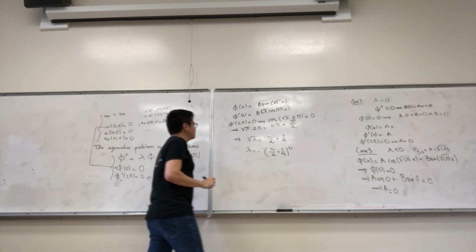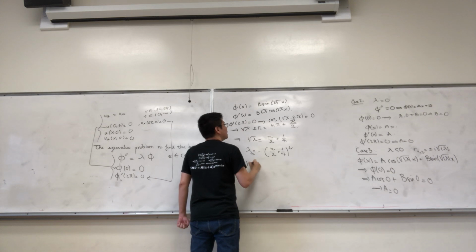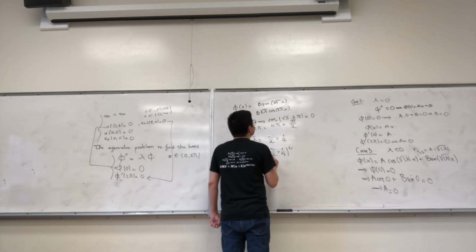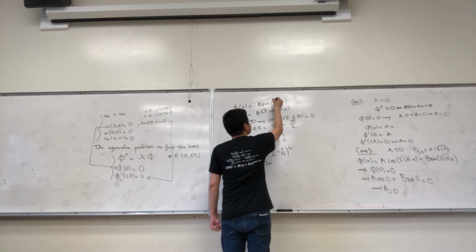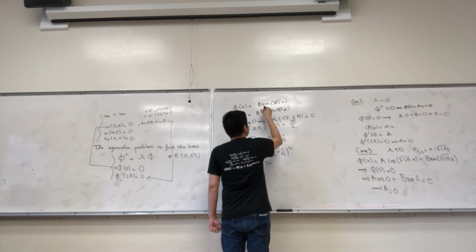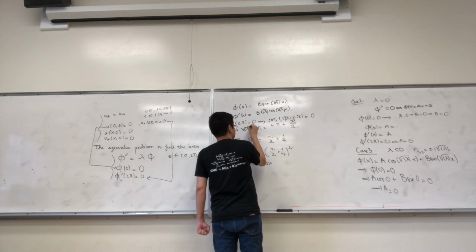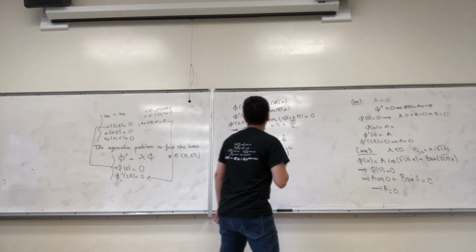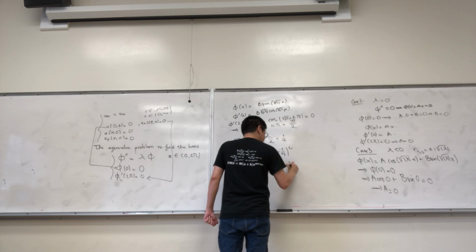So in this case, phi of x will be sine of the square root of this, with an absolute value. So this is going to be sine of (n over 2 plus 1 over 4) x.